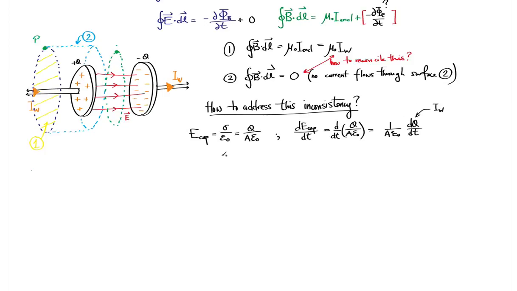So I have I sub W. That was this fellow here. I'm just going to rewrite this thing. I'm going to move the 1 over A epsilon naught over here, so I'll multiply both sides of this equation by A epsilon naught. So I get A epsilon naught dE, the electric field through the capacitor, dt.